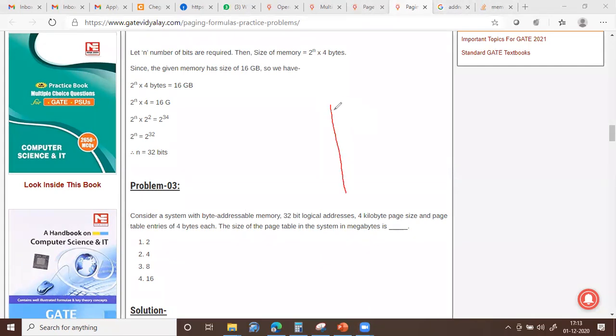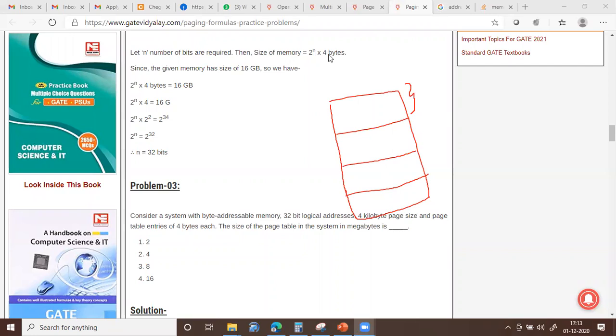It means there is a system with some memory, where each location in the memory is 4 bytes. Sorry, consider a system with byte addressable memory. That is, each location is 1 byte. So this is memory where the memory is divided into several locations, and each location is 1 byte. That's all.